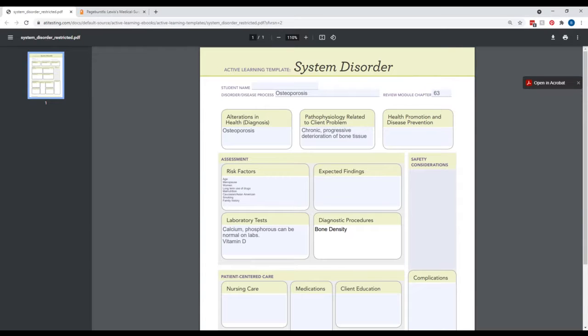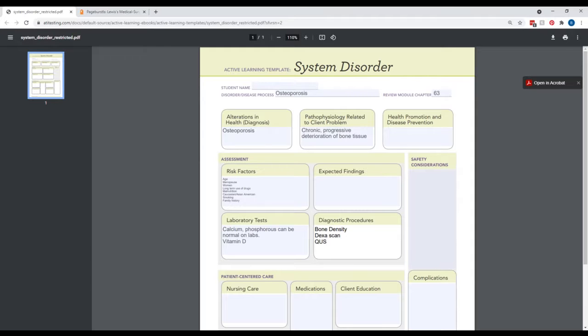Brandon, I appreciate you throwing out some ideas. Bone density scan, yes. It's called a DEXA scan. You'll see that. There's also what's called QUS, qualitative ultrasound scan.